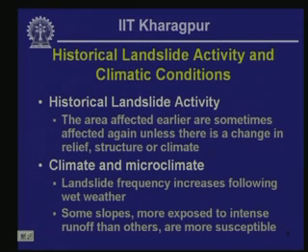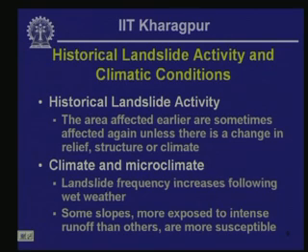The second point that we looked at a little bit earlier was historical landslide activity in a particular area, and climatic condition. As I mentioned before, the key consideration with respect to historical landslide activity in a given area is this: an area affected in recent times by landslides is likely to be affected again, unless there is a remarkable change in the slope geometry as a result of the ongoing landslide activity.